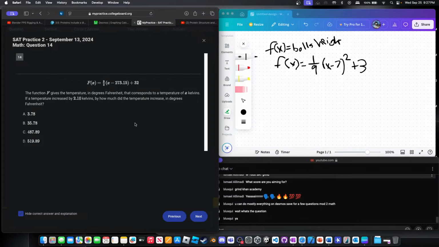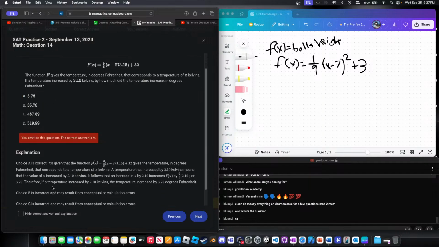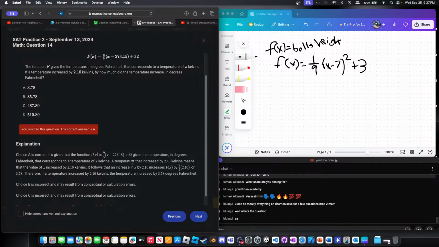Excuse me. It's saying the answer is 3.78. Wait, in degrees Fahrenheit, the corresponding temperature increased. Wait. Yeah, wait, why? It says it gives the temperature in degrees Fahrenheit.